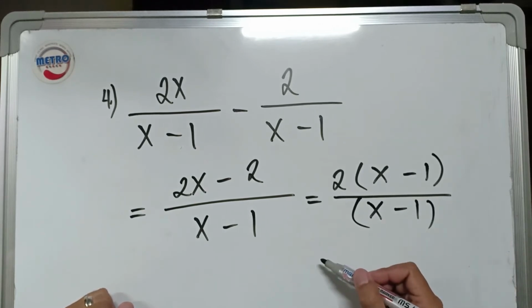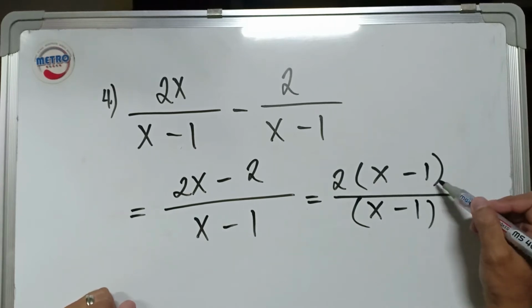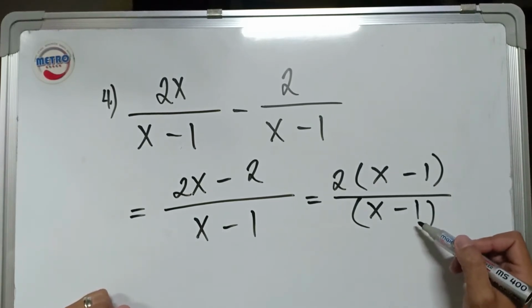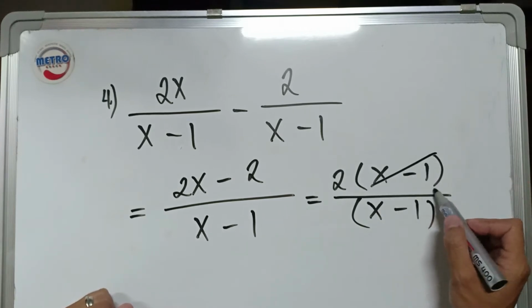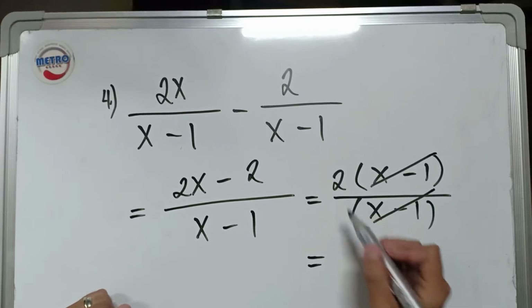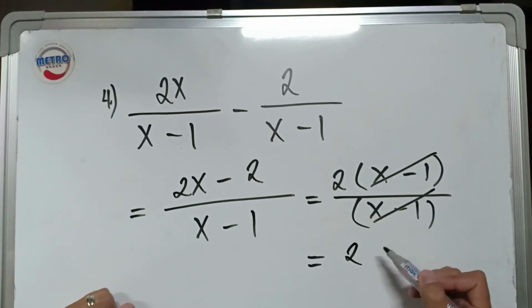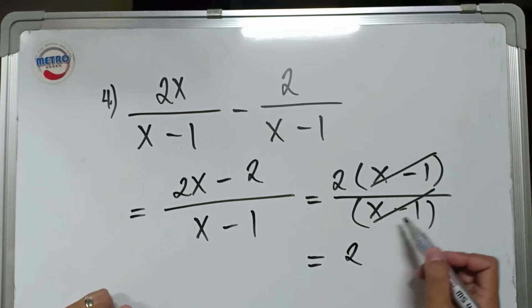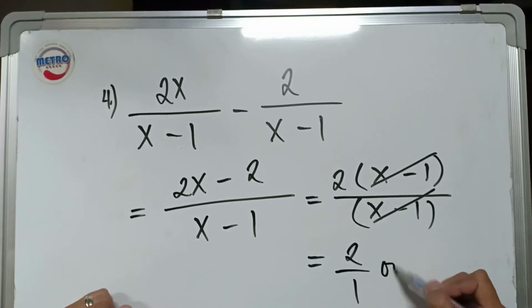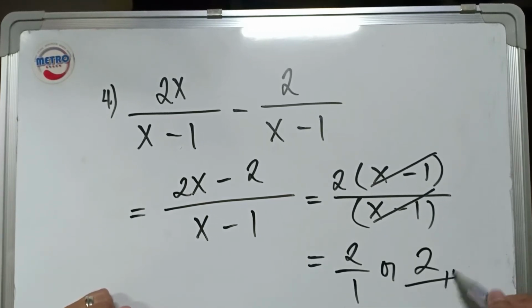So if you notice, we're having common terms on the top, x minus 1, and at the bottom, x minus 1. So since they are the same, we can cancel these. Then, we still have a remaining number 2. And in our denominator, all are being cancelled. So we still have a denominator 1, or simply your answer is 2.